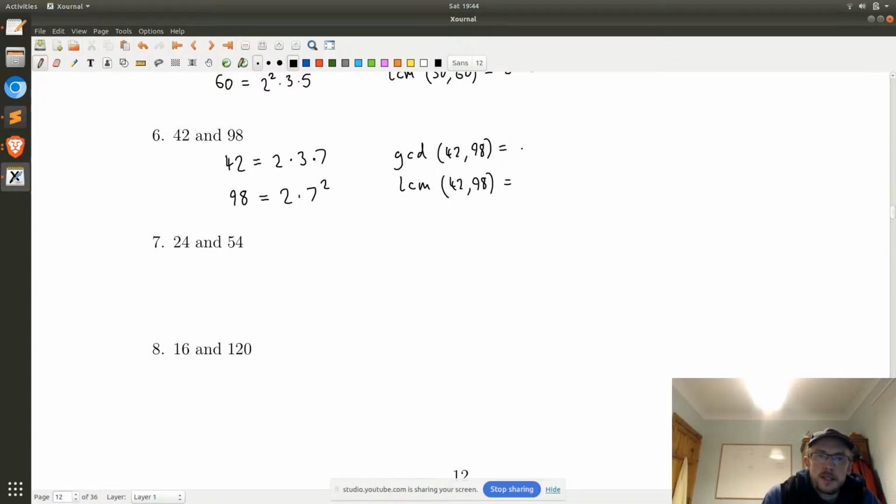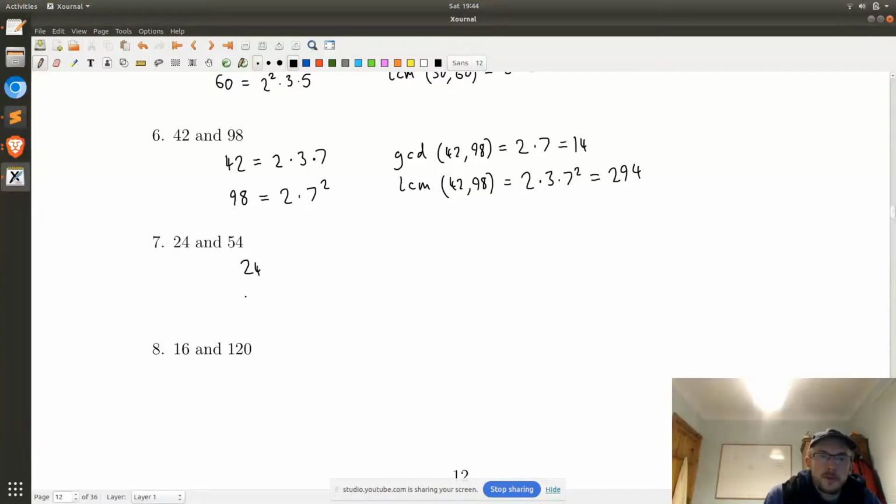For the GCD, it would just be 2 times 7, which is 14. And for the LCM, it would be 2 times 3 times 7 squared, which is 6 times 49, which is the same as 6 times 50 minus 6, which is 294.